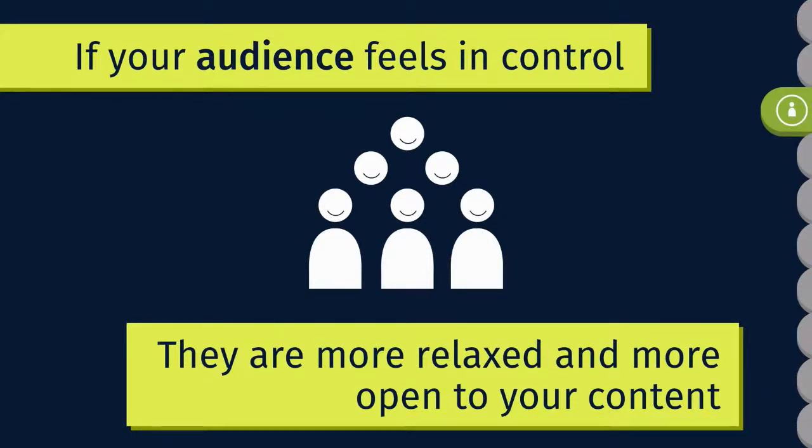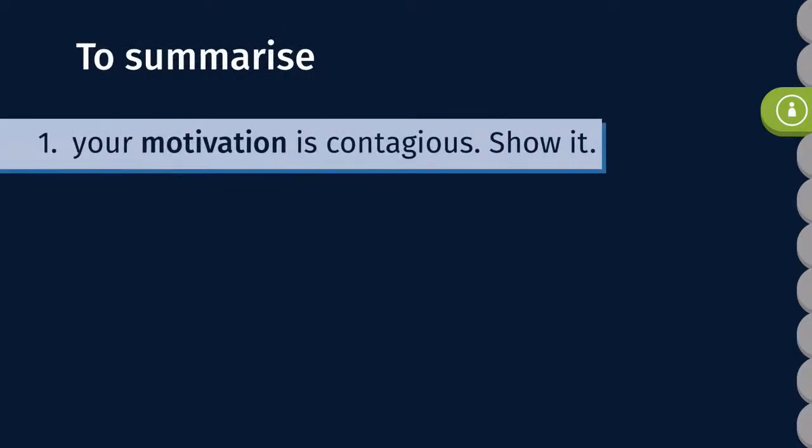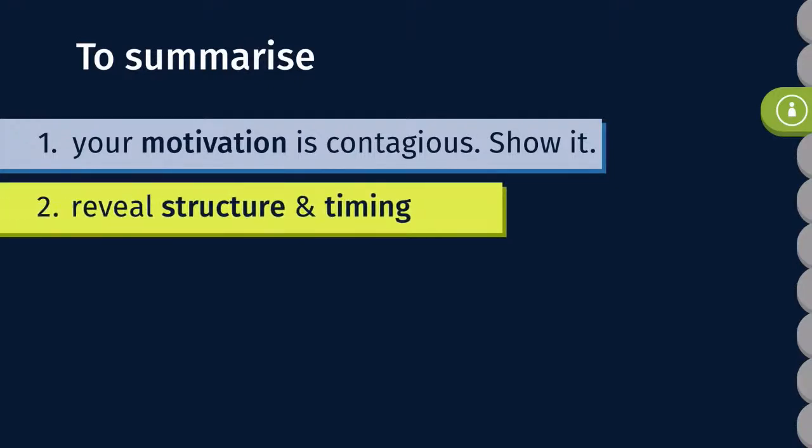So motivating your audience and revealing your structure are extremely beneficial in order to make your presentation a success. So to summarize, your motivation is contagious. Show it clearly and reveal the structure and timing. It will calm and open your audience.